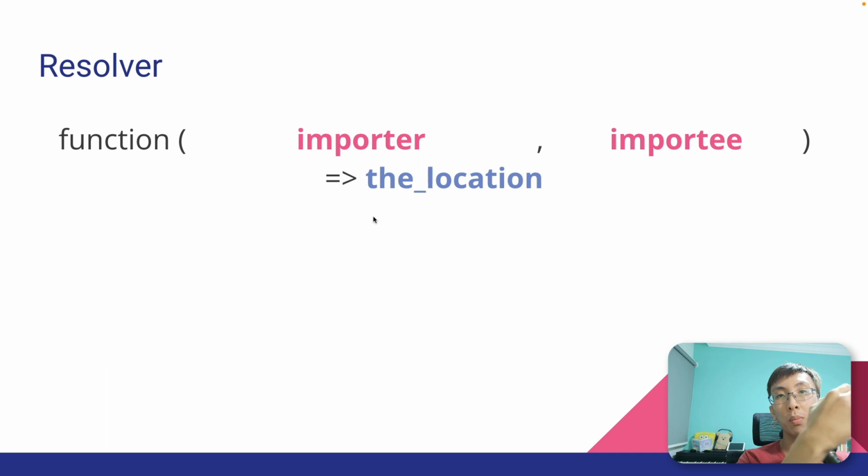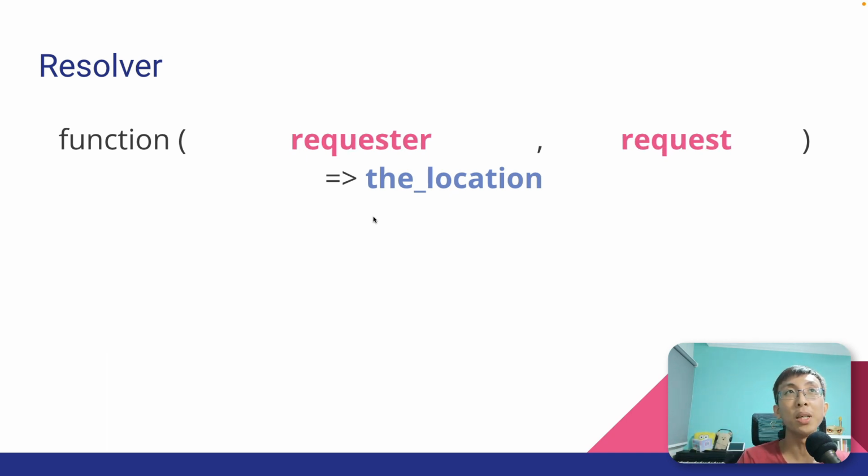Oftentimes in different module bundlers, they have different names for it. It could be the importer, the place that you want to import something from, and the import string, which is the string that you request. And when I say request, it could be a requester, the module that tries to request something, and then the request itself, the import string.